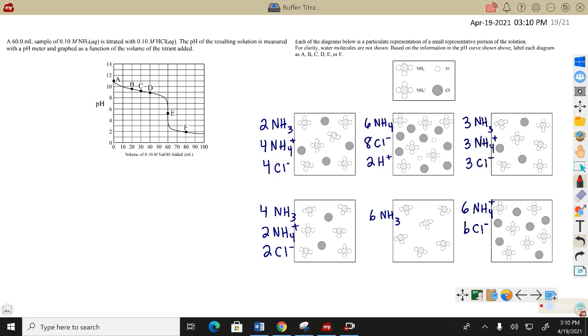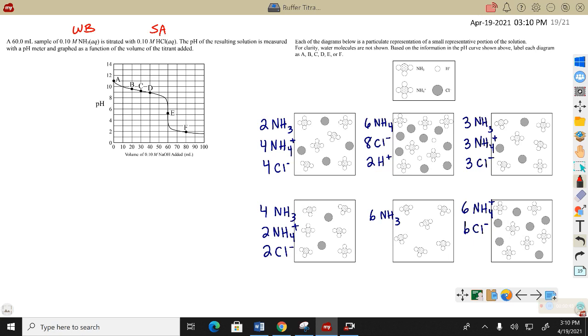So I have a 60 milliliter sample of 0.1 molar ammonia, which is a weak base. So we're starting with a weak base, which is why the initial pH is around an 11. Then we are titrating it with 0.1 molar hydrochloric acid, a strong acid.